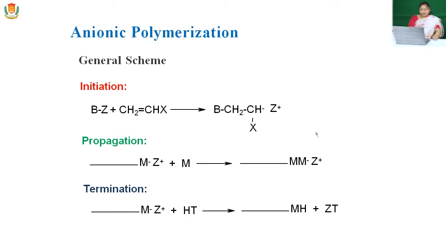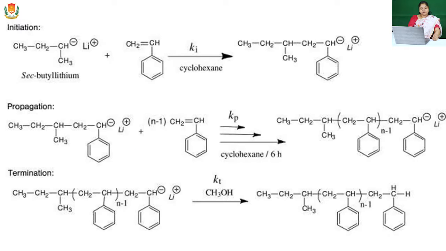In the initiation step, carbanions are formed by the simple reaction of an ethylene molecule or alkyl molecule with a compound to form a carbanion. This carbanion reacts with another monomer to form a small dimer or trimer chain of anions, and this anion finally reacts with a cationic molecule and forms a polymer product and a byproduct.